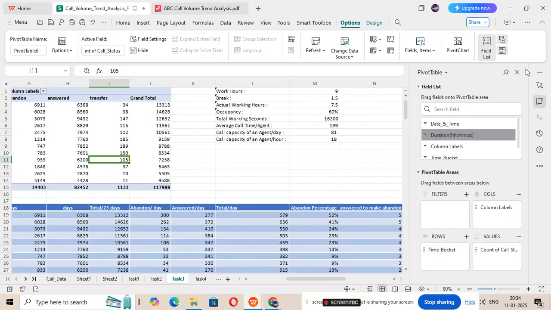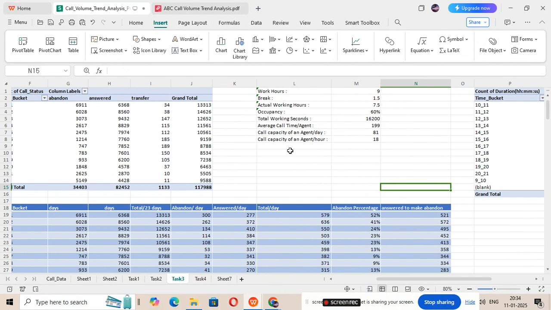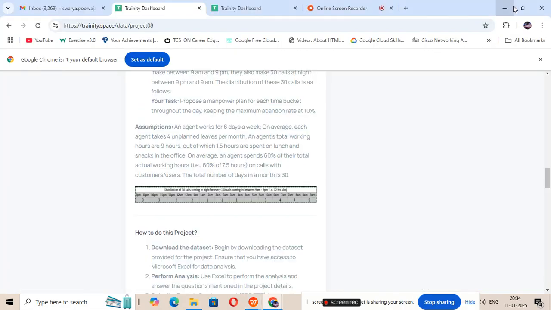Okay, and after that we have taken these steps from the assumptions which they gave. The total work hours is 9 and the break they gave is 1.5 hours. The actual working hour is 7.5 and the occupancy is 60%.